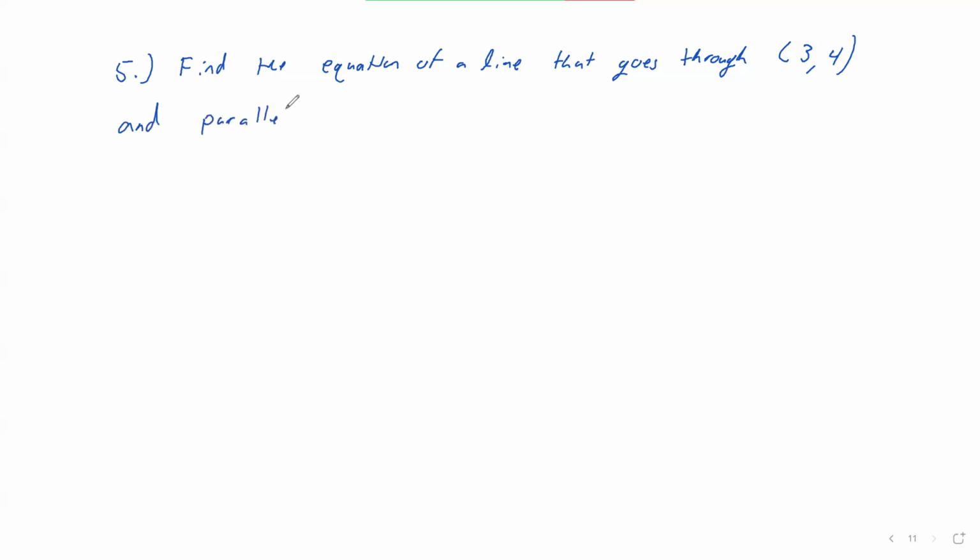You're going to find the equation of a line that goes through 3, 4 and parallel to line 3x plus 2y equals -2. And then it does say graph both.